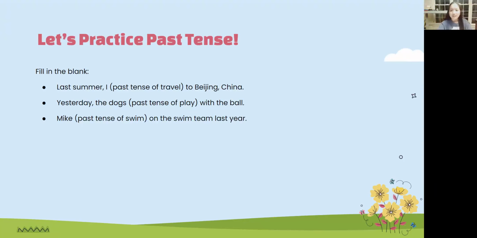So for the things in these parentheses, you have to put what word you would say. For example, travel, you add an ed, so then it would be traveled. And play, you add an ed, so it would be played.